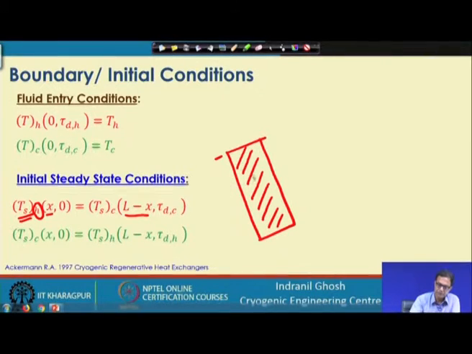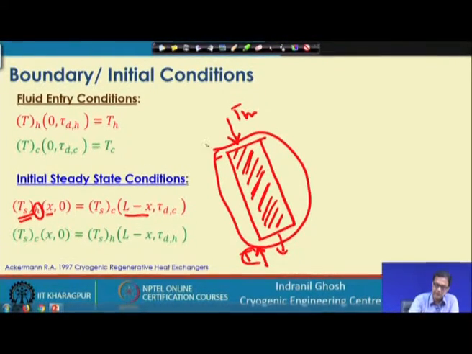So, if the gas was flowing and entering at TH, by the end of this cycle it will leave the bed at a particular temperature. That is the initial condition for the other fluid, when the cold fluid stream is moving through this. It finds the bed at that particular temperature at different locations. So, that is the initial steady state condition for the cold fluid.